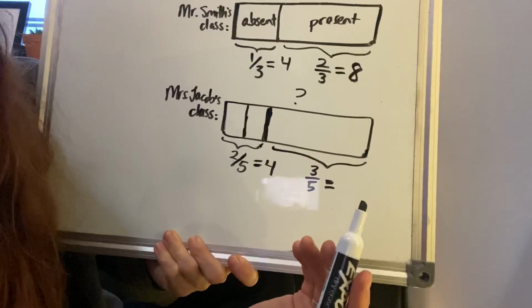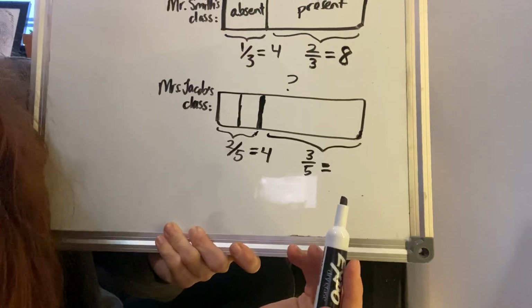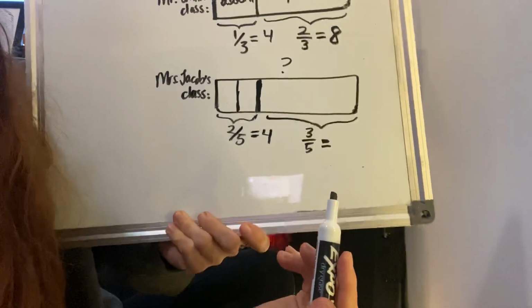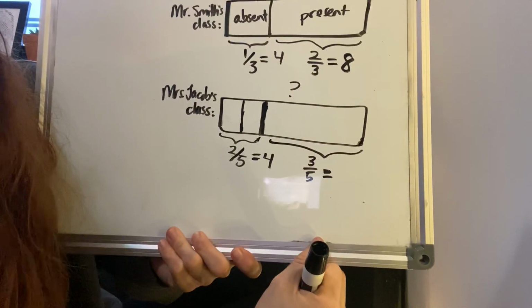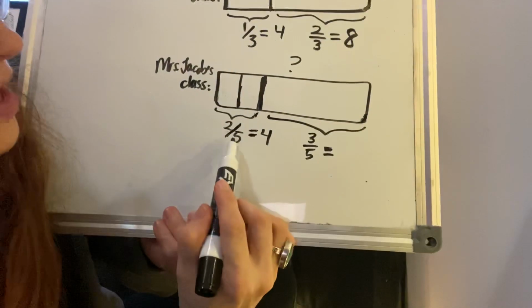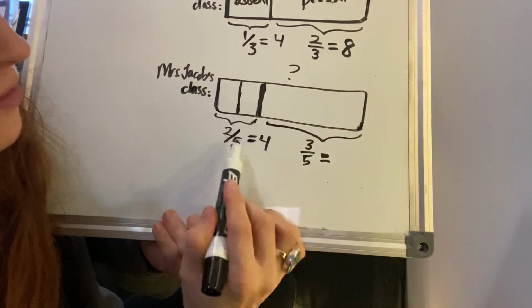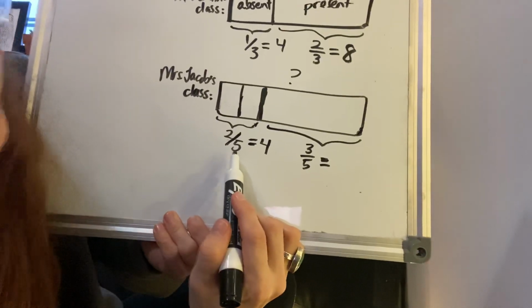What are we going to partition our fraction model by? How many partitions? How many sections? 5. Awesome. I know some of you said it. Why? Because our denominator that we're talking about in both cases is 5. Okay, we are talking about fifths.